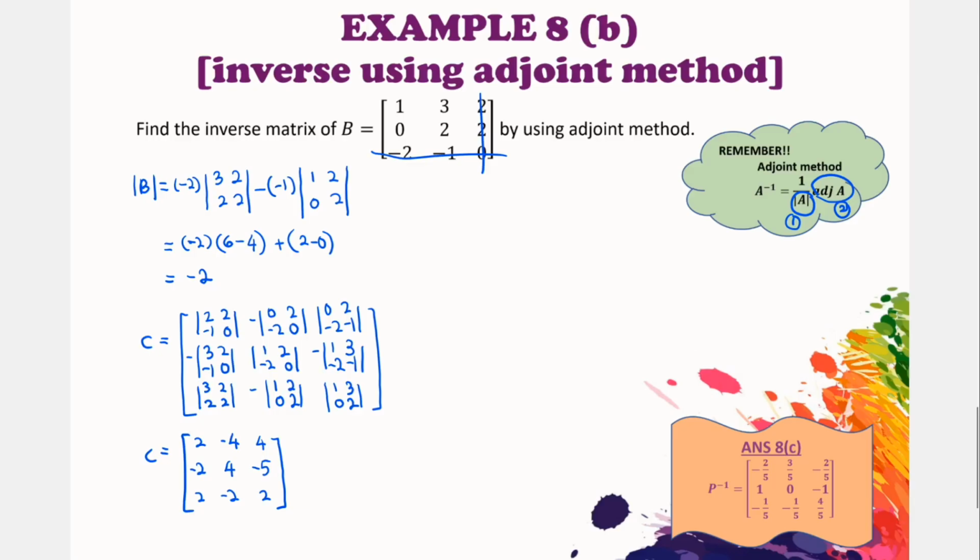So this is our cofactor. Next we find the adjoint of matrix B.